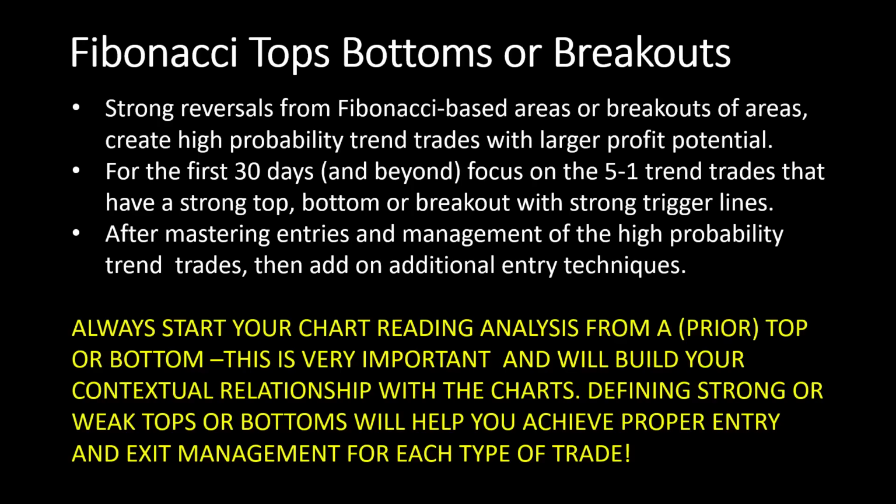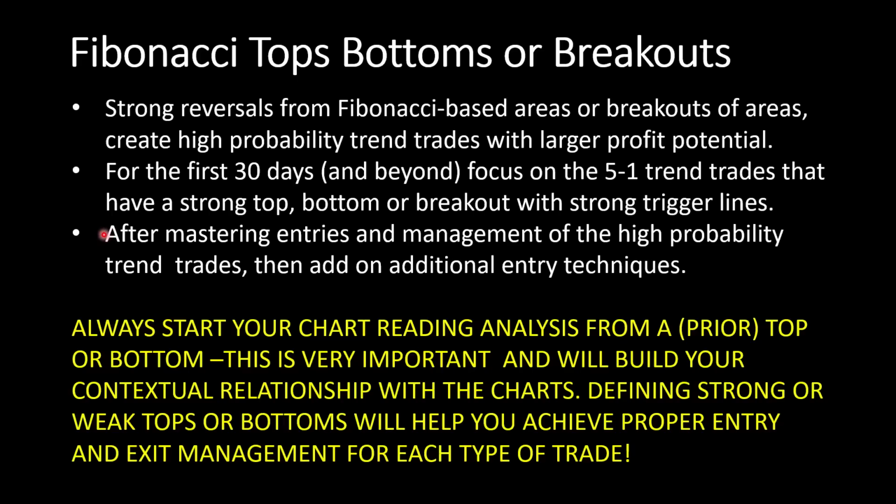So to summarize, Fibonacci tops and bottoms are breakouts. What we're going to be looking for as traders are strong reversals from the Fibonacci based indicators to create high probability trend trades. For new users, really the first 30 days and probably beyond, probably for the first 3 to 6 months, we want you to really focus on the 5-1 trend trades that happen after a strong top or bottom or breakout with strong trigger lines.